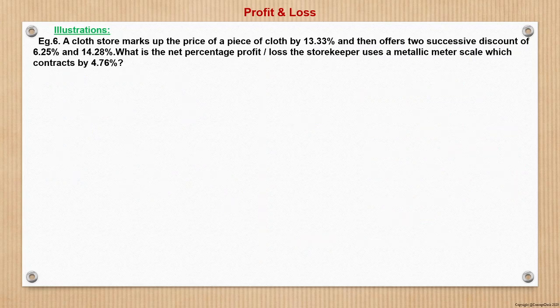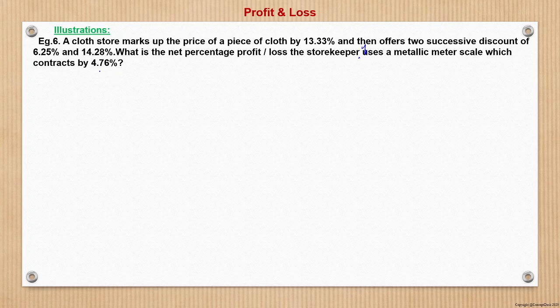Now again we will see a question 6 here on a similar concept. It says that a cloth store marks up the price of a piece of cloth by 13.33% and then offers two successive discounts of 6.25% and 14.28%. What is the net percentage profit or loss if the shopkeeper uses a meter scale, which contracts by 4.76% in winters, right?